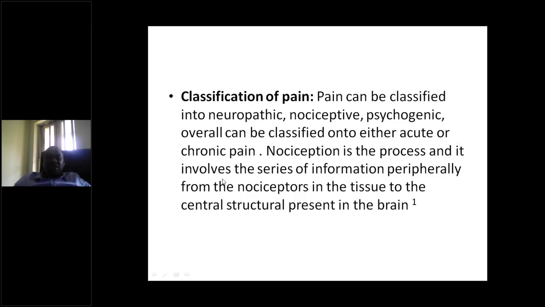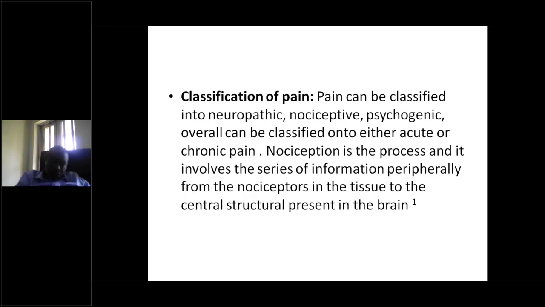So pain was through nociception. Nociception is a process of pain communication, and it involves information transfer peripherally. Peripherally means from the surface. So on your surface, there are nociceptors, which are receptors that are in the tissues.